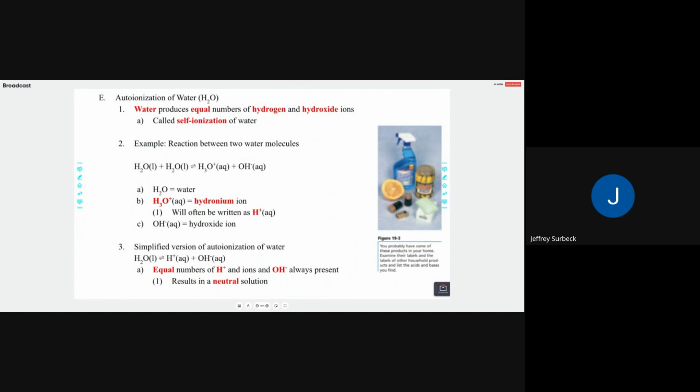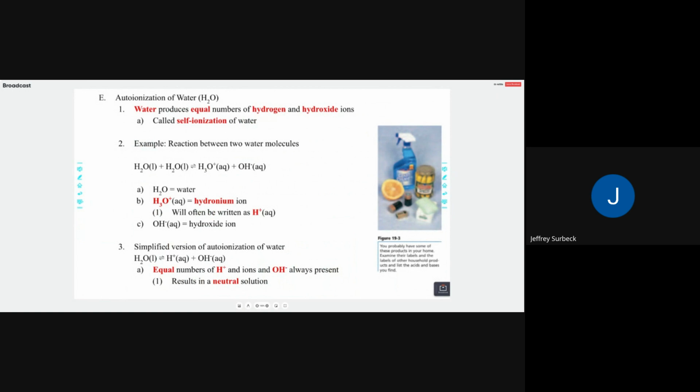Remember, acids have more H plus hydronium ion in solution than OH minus. What actually happens with water is really interesting, and we don't think about it unless I explain it right here.